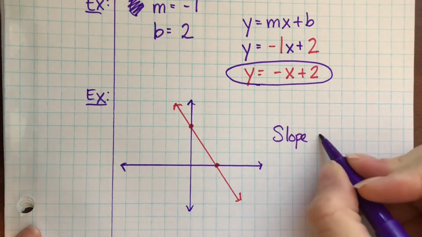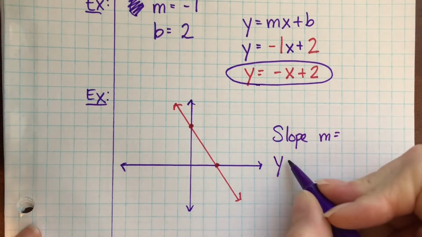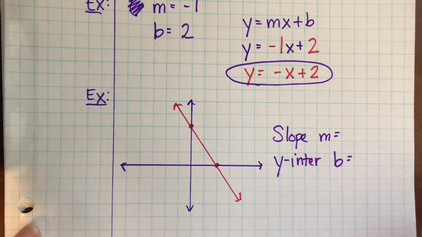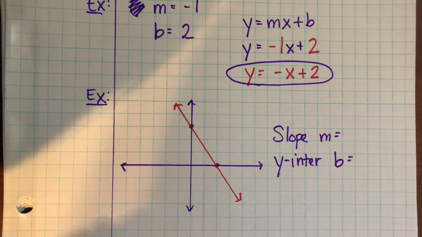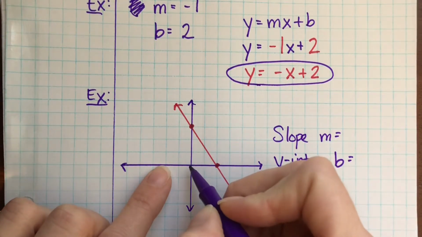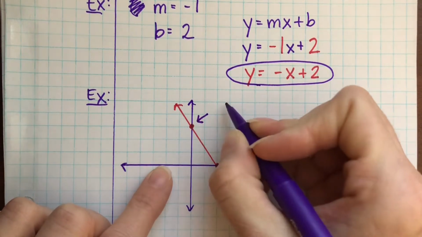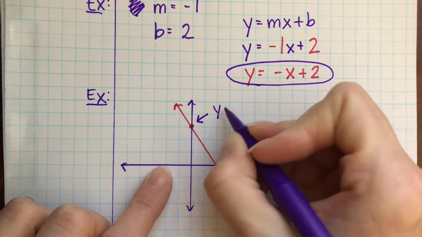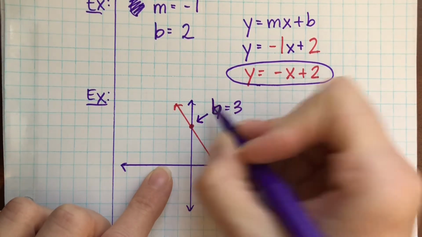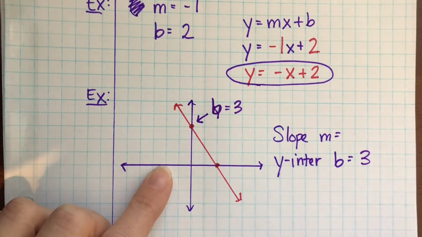Slope, so m is equal to something, and the y-intercept, b, is equal to something. So let's take a look right here at the graph. First of all, our y-intercept is right here at positive 3. Actually, we can just call this what it is. It's the y-intercept, it's b. So our y-intercept is 3.